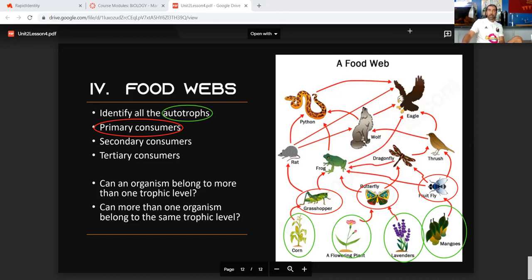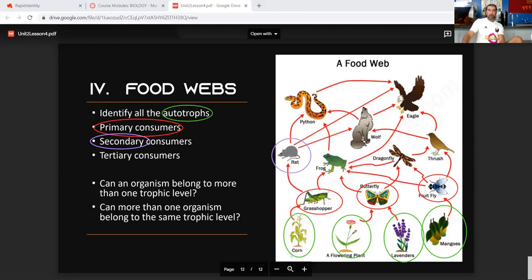Even more easy, guys. The next thing up would be a secondary consumer. You literally just count in the food chain. So if I go this food chain, right, corn is eaten by a grasshopper, grasshopper is eaten by a rat. The rat would be a secondary consumer.